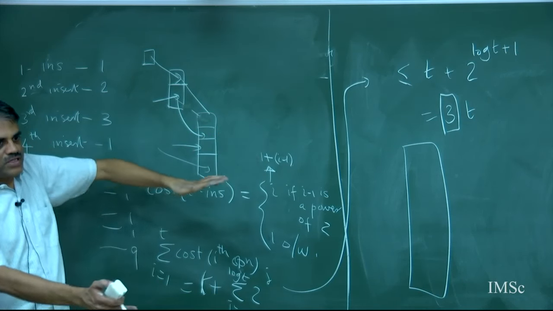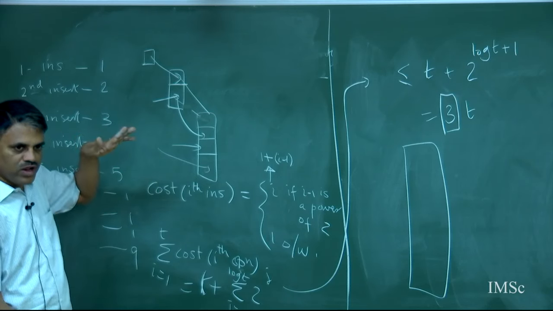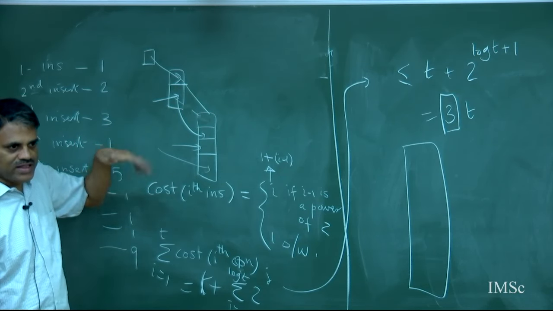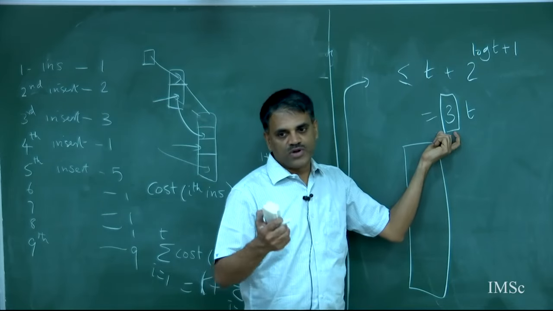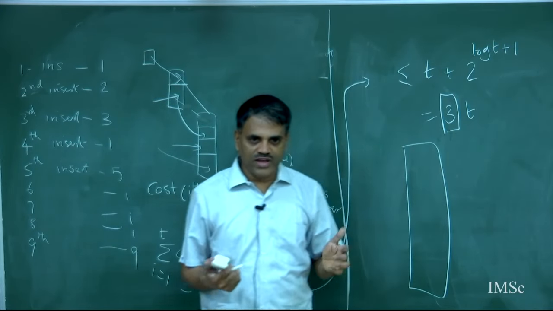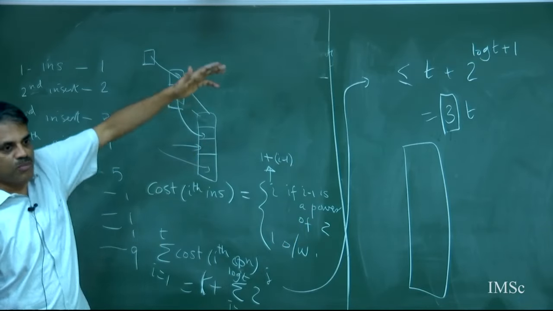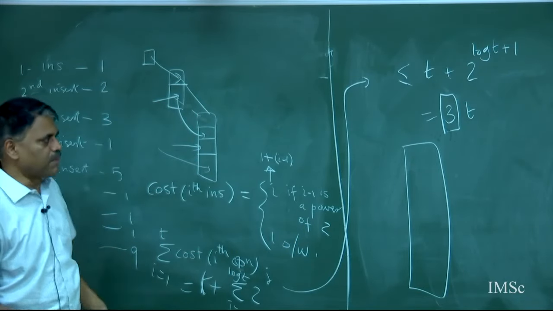Somebody must pay for copying each element. By the time the table becomes full, there must be enough credit in the table to pay for it, because I'm going to give you only 3 units for the operation. That operation does not have enough money to pay for copying the entire table, so you build up this potential as you go.